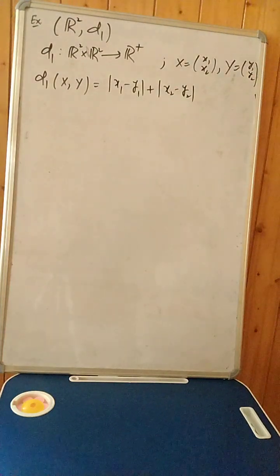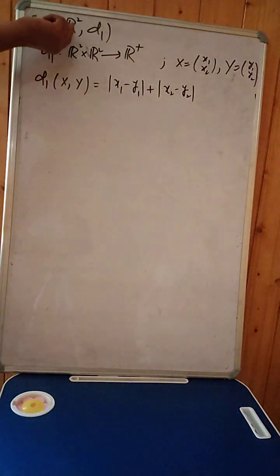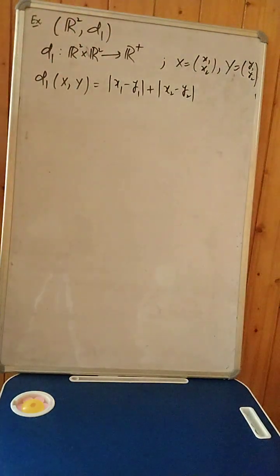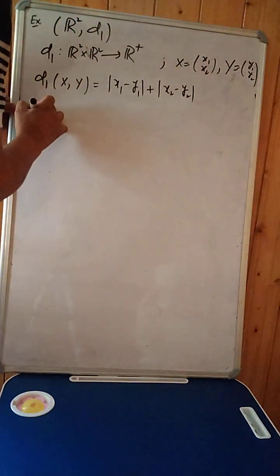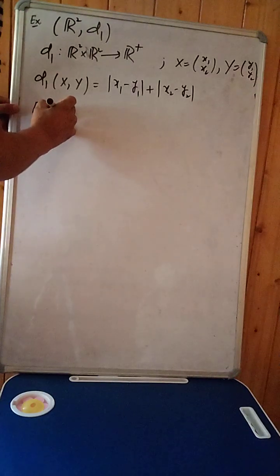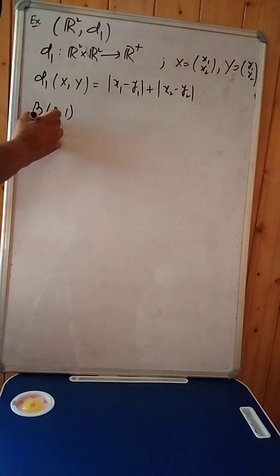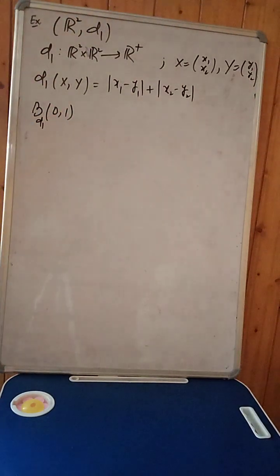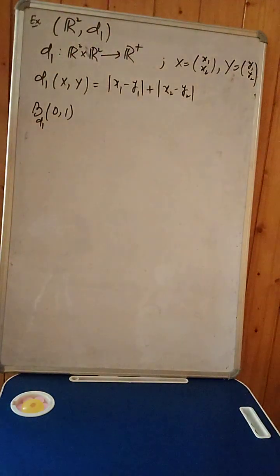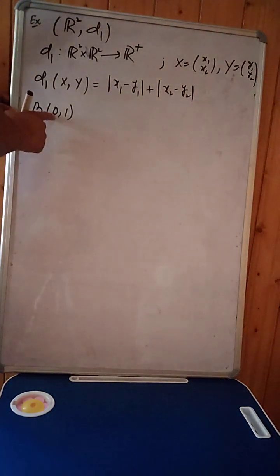So in this video we shall try to find the open set, how to find the open set in this kind of metric space. So let's try to find this open set B(0, 1), but this is open. We have to find this open set with respect to the D1 metric and in this R² space, (R², D1). So what is the definition of this? This is a zero vector.